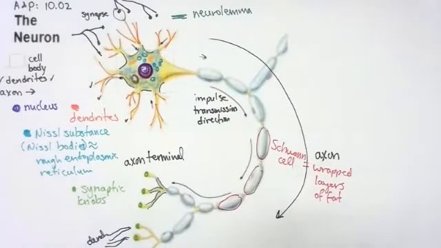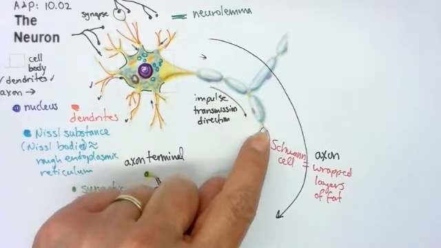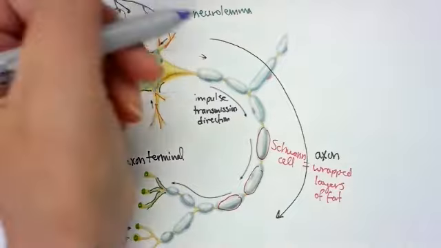What we're going to see is having these fat cells wrapped around the axon make the impulse transmission much more efficient. It can transmit a lot faster. And the reason is, instead of trying to conduct along the whole length of the axon, the signal will jump from these gaps.